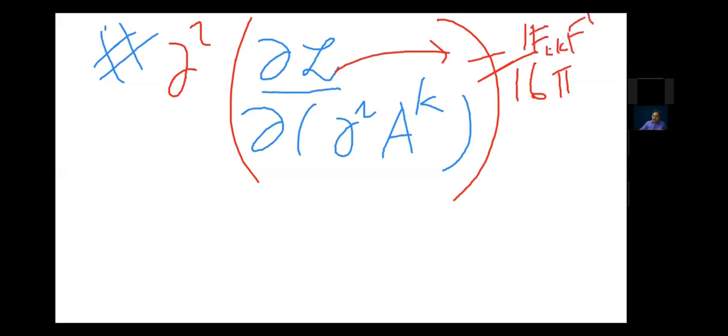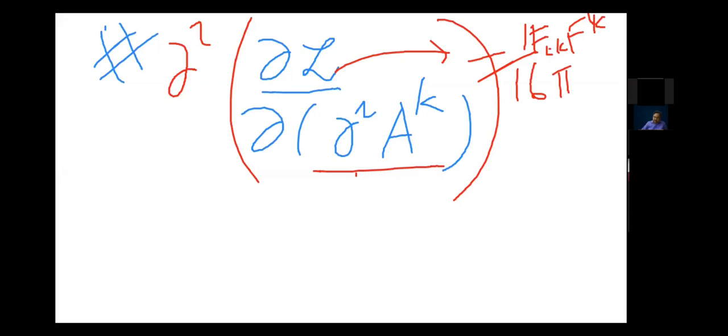and the second part of the Lagrangian will actually not contribute to this because it is the derivative with respect to del IAK. In the second part, you don't have this. In the second part of the Lagrangian, you have what?